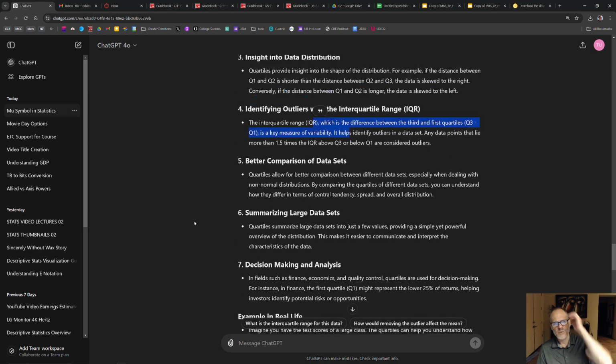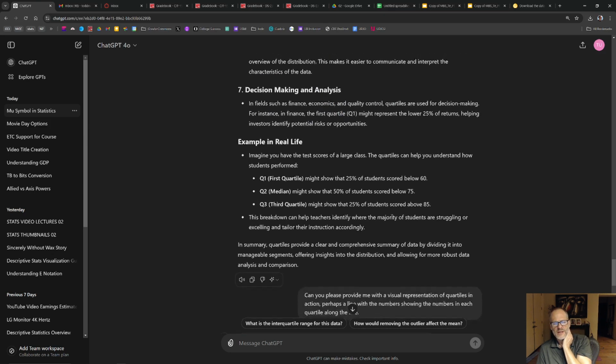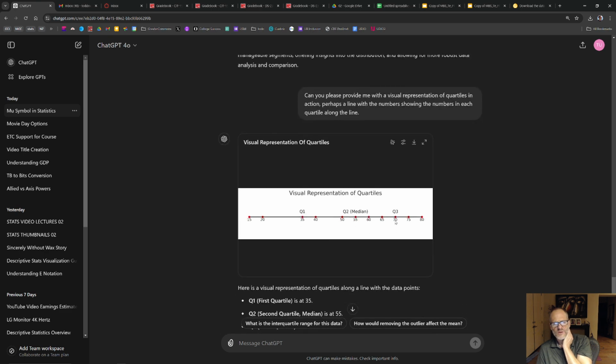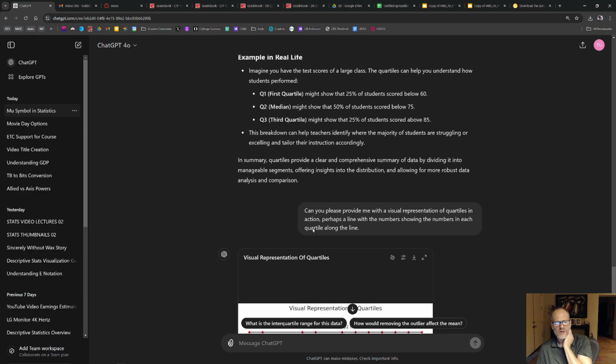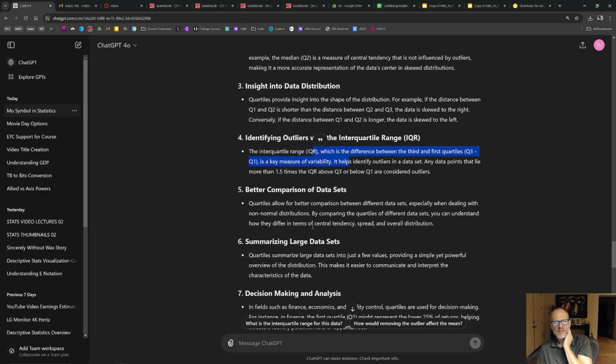But to get back to this point right here, the interquartile range is the difference between the third and first quartiles. And so the difference between the third and first quartile is 70 minus 35, or 35. That range can be useful to help us identify outliers.